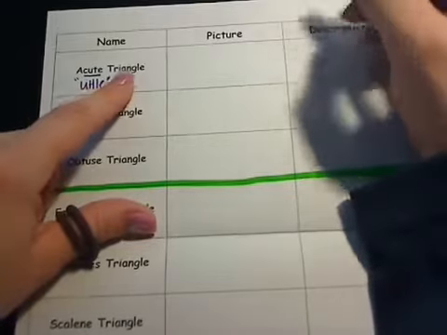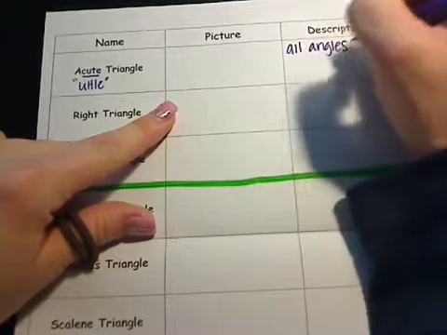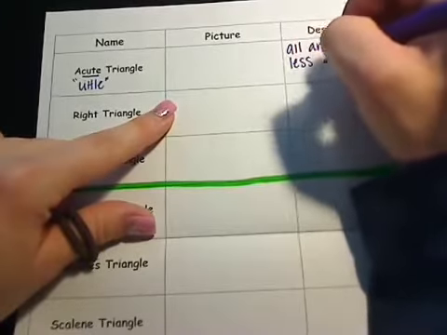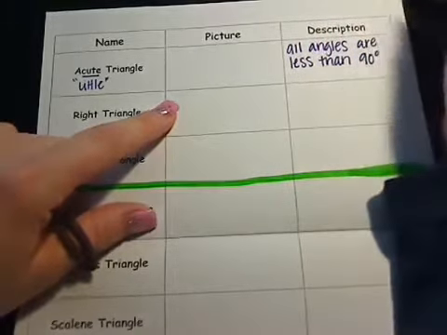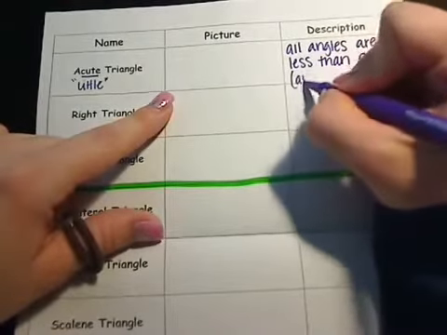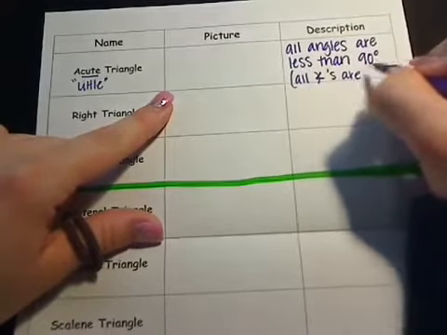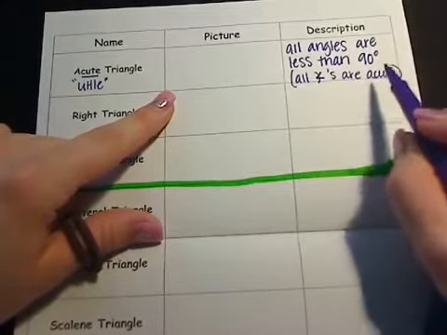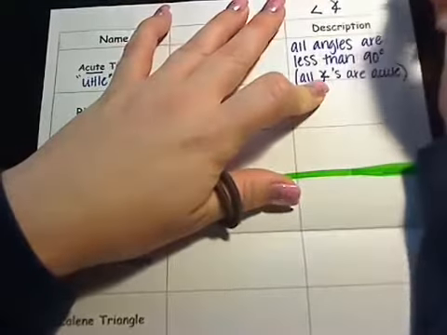A description of those is that all angles in an acute triangle are less than 90 degrees. So all the angles are acute. Remember that's a symbol for angles. And guys, this symbol, you may see it like this, or you may see it like that.